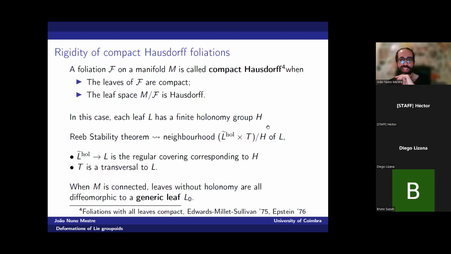And these nice neighborhoods are going to be built out of a certain cover of the leaf, a transversal to the leaf, and the holonomy group of the leaf. They're actually an associated bundle. So this is a bit like a tubular neighborhood theorem, but for foliations of this type. This covering is the covering corresponding to the group, which is the holonomy group. And so you get a very nice description for them.